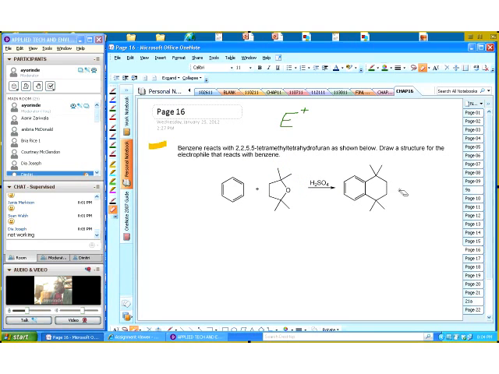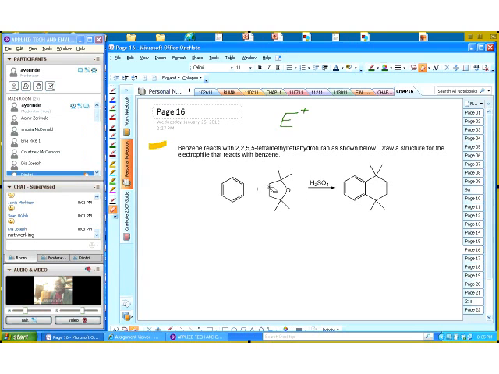Now, if I ask you this, just taking a look at this here, look at this carbon here. Look very closely now. This carbon here is this carbon. So what does that tell you as to where the electrophilic carbon will be? In other words, we have to form a carbocation.